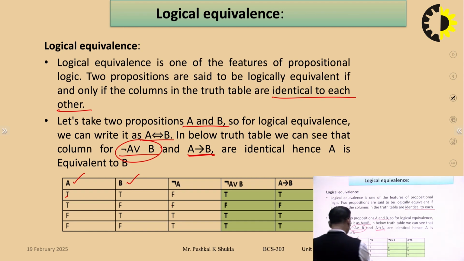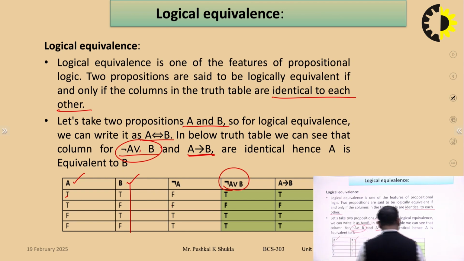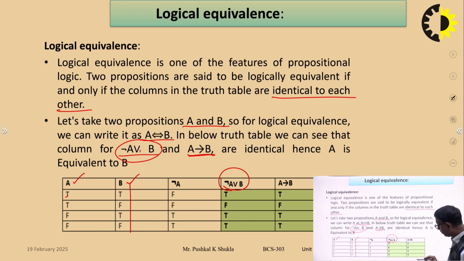Then B. So, negation A logical or with B is this: true, false, that is true; false, false, that is false; true, true, that is true; false and true, that is true. So, this is the negation A logically or with B.